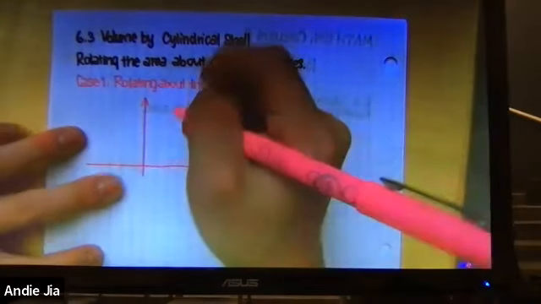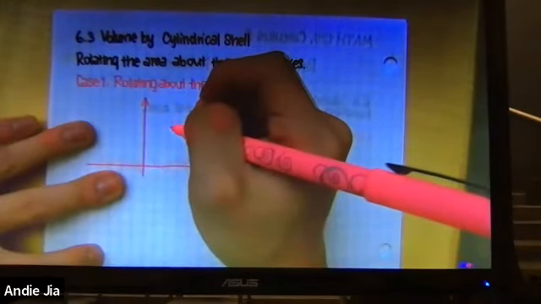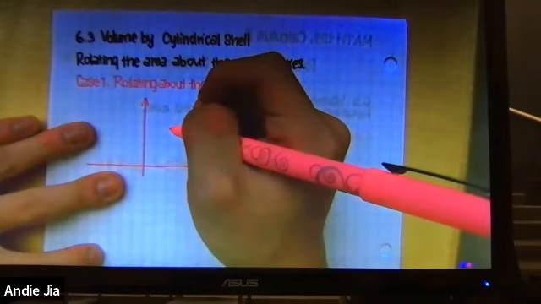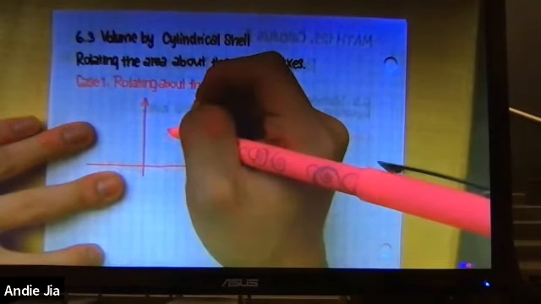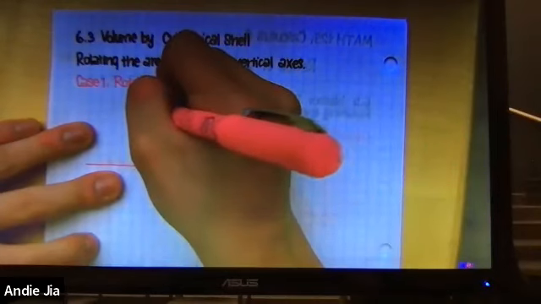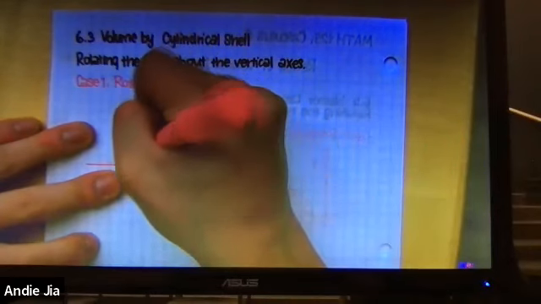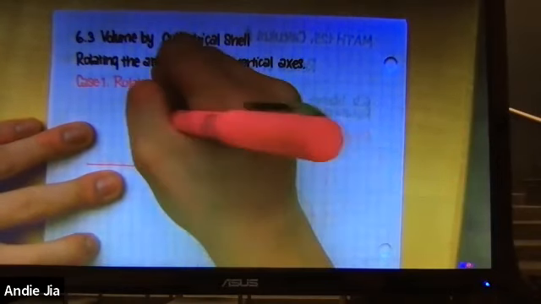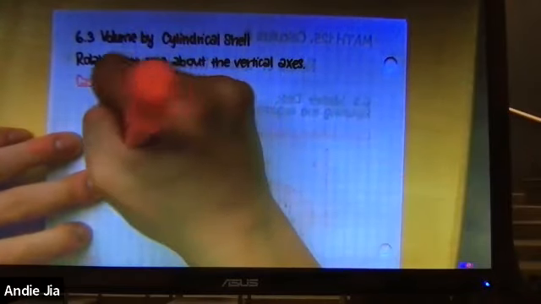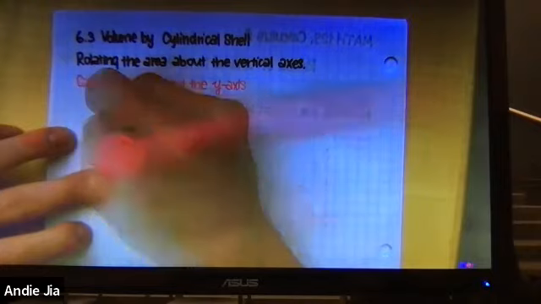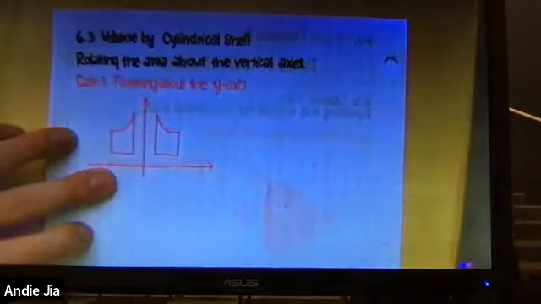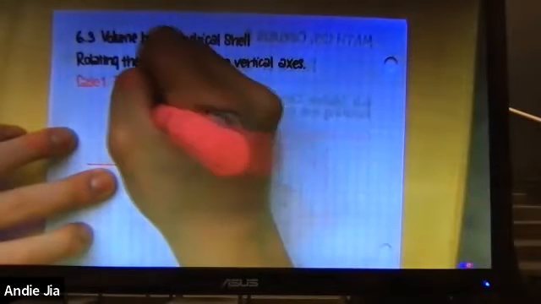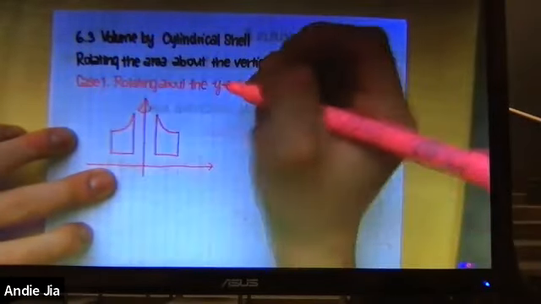So if you have a region that is bounded by perhaps this, this is a region. Also, they're just bounded by. And this is just rotating about the y-axis, so we're obtaining a shell.